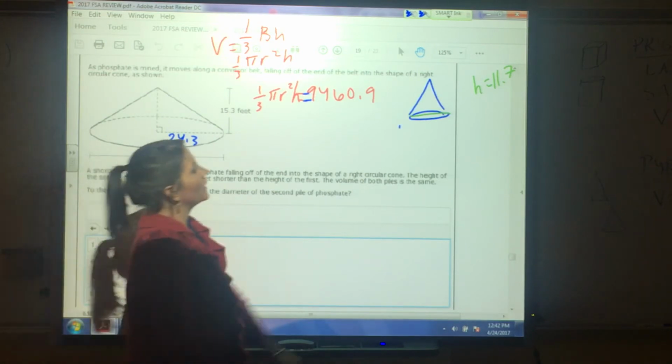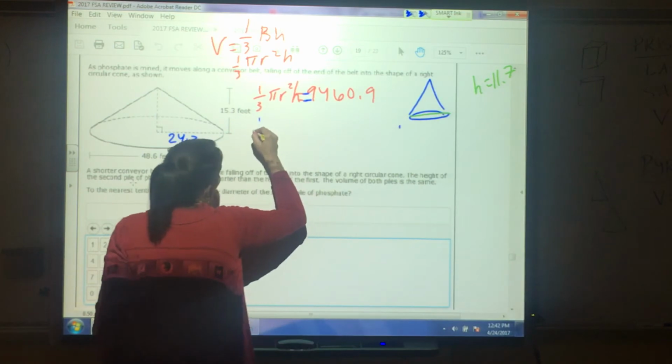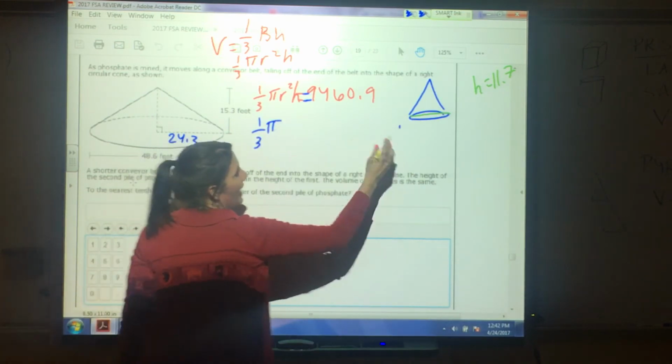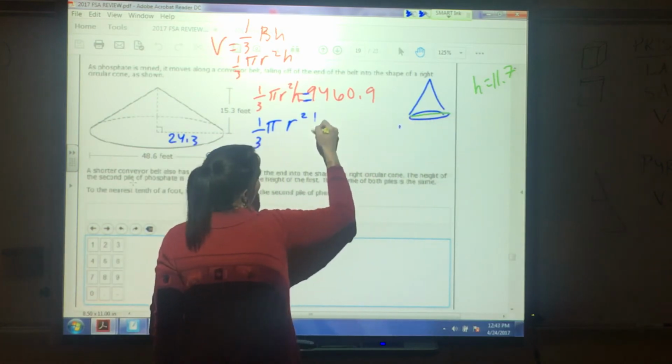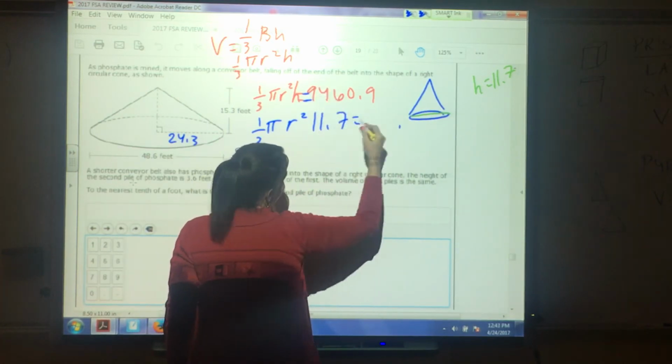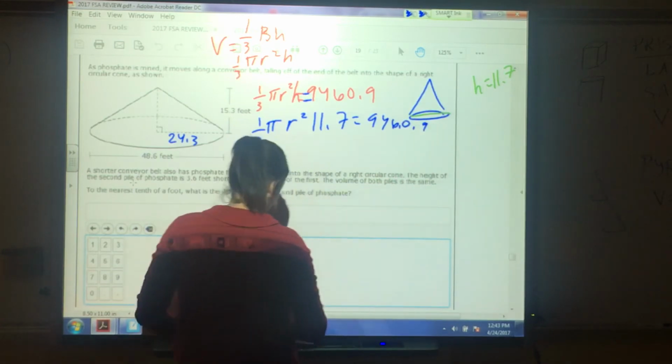Now what we're going to do is plug in the information that we know over here. So it's going to be 1/3 pi. We do not know the radius. We do know the height is going to be 11.7, and set that equal to 9460.9.